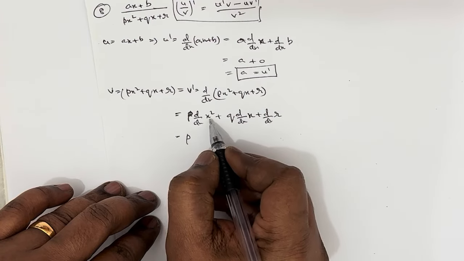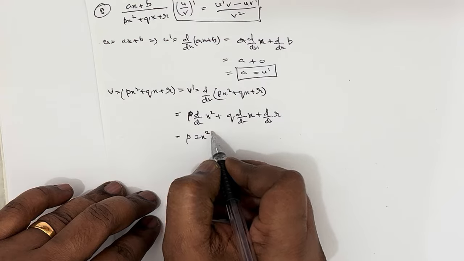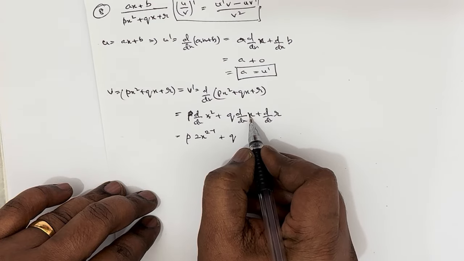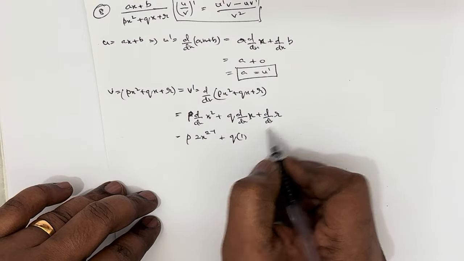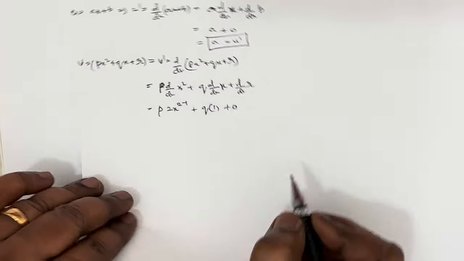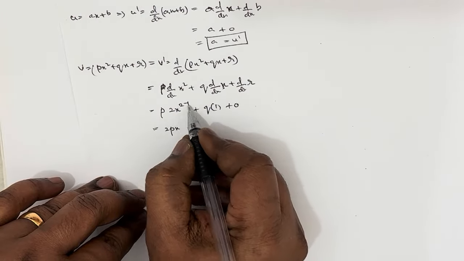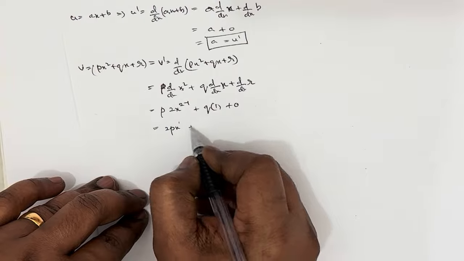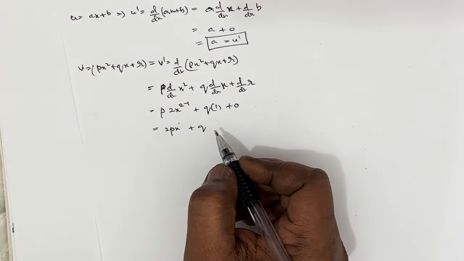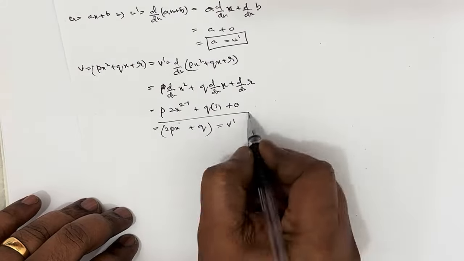Now x² is in the form x raised to n, so 2 into x raised to 2 minus 1, plus q times the derivative of x, which is 1, and r is a constant, so its derivative is 0. So this can be written as 2px, since 2 minus 1 is 1, plus q into 1 is q. So this is v dash.